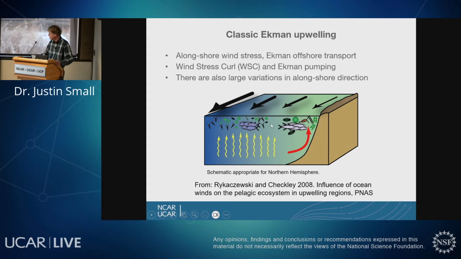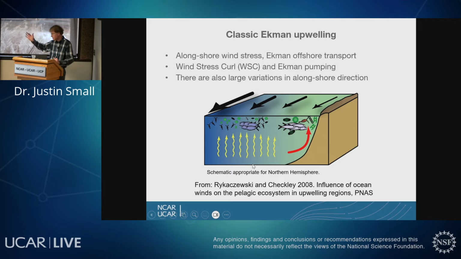The second thing that was pointed out in this paper was that, as I say, the winds strengthen as you go offshore. So that is a horizontal shear in the winds, equivalently a curl, a wind stress curl. And the other process is that you get vertical motion due to the curl of the wind stress. That's represented in this schematic by these yellow arrows.